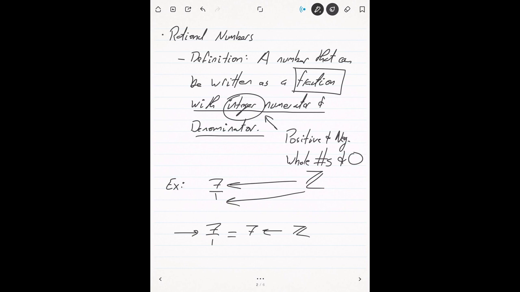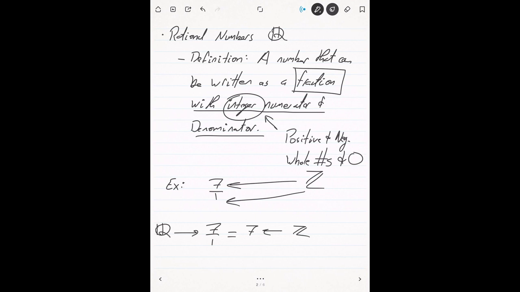And by the way, the symbol for rational numbers is a Q. Don't ask me why, I don't really know. We use a bold Q, and we include these little lines inside of the Q. So that's the symbol for it.